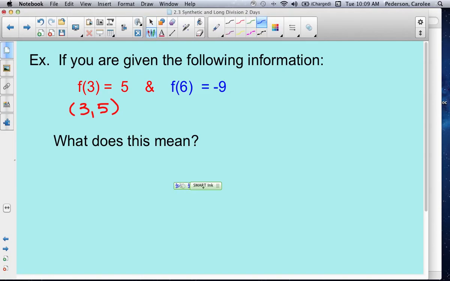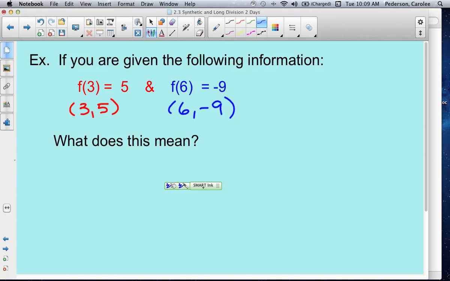So now f of 6 equals -9. What's the ordered pair there? 6, -9. What is your k for synthetic division? 6. What is your remainder? -9. What does this mean?